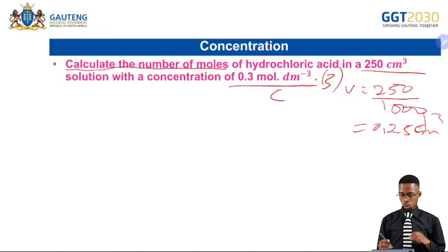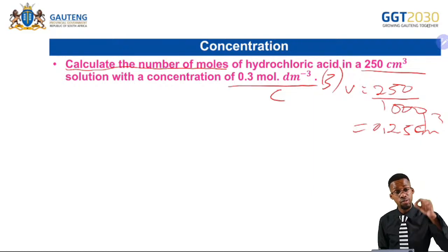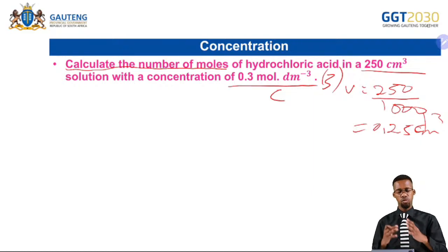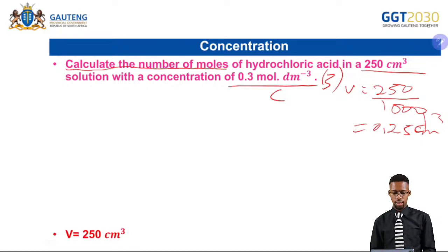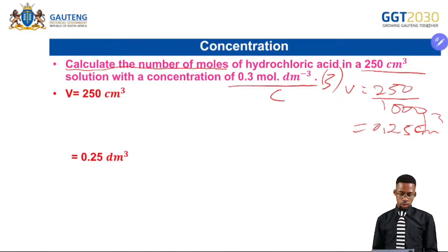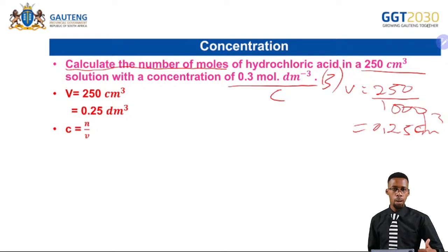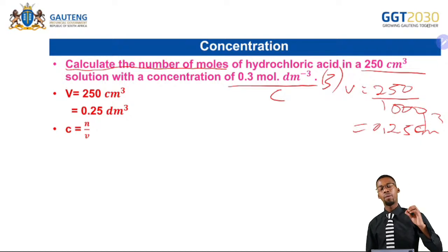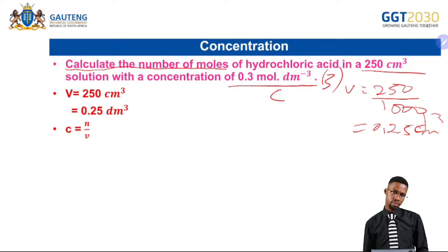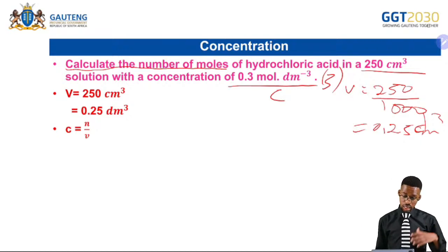Now, the question requires us to calculate the number of moles. You write the formula as original as it is. Concentration is equal to number of moles divided by what? By the volume. Then substitute.